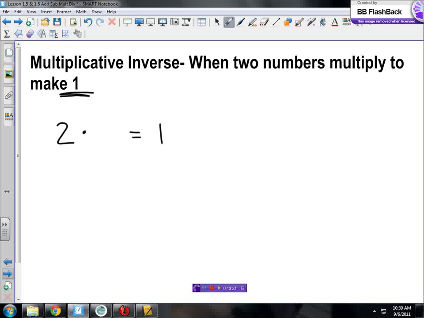No, 2 times 1 is 2. 0.2? Nope. There it is, 0.5 or 1/2, right? 2 times a half is 1. And do you see anything that is in common between those two? Yes, the 2. The 2's are in common, leaving me with 1.